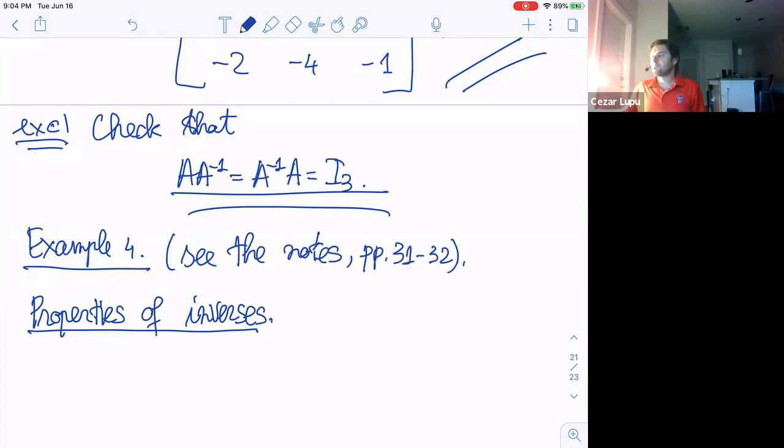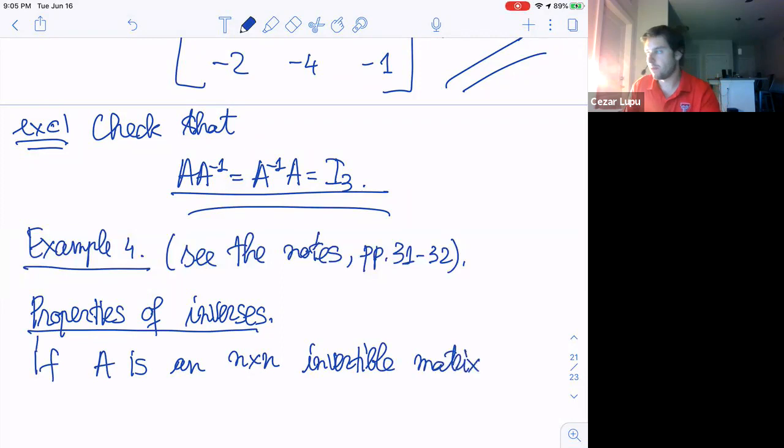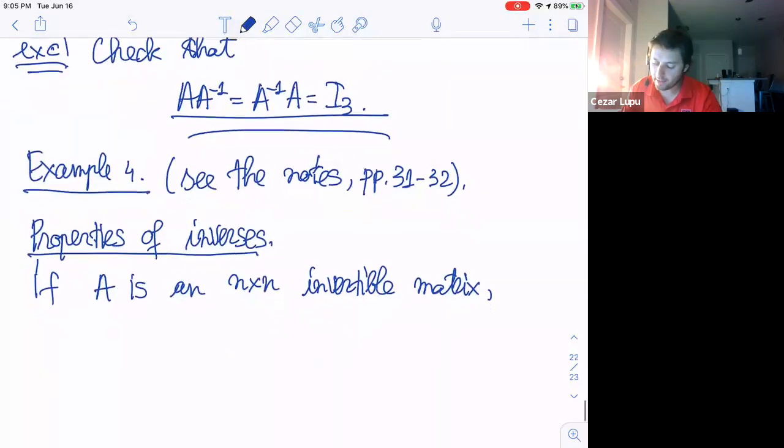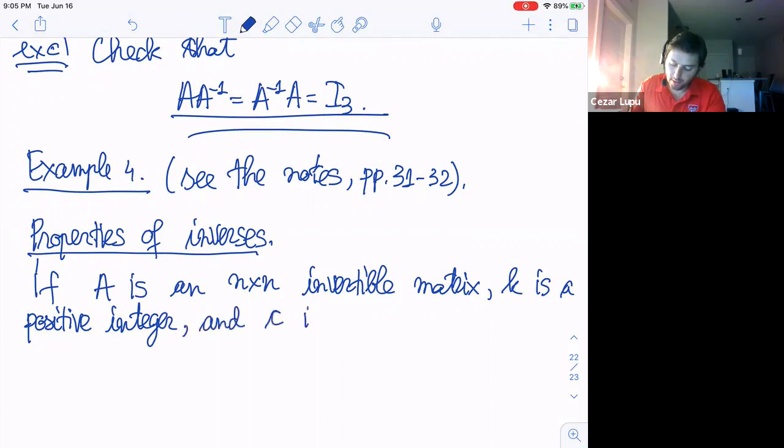Just like the transpose of a matrix, there are some properties of inverses. If A is an n by n invertible matrix, let's say K is a positive integer, and C is a non-zero scalar.